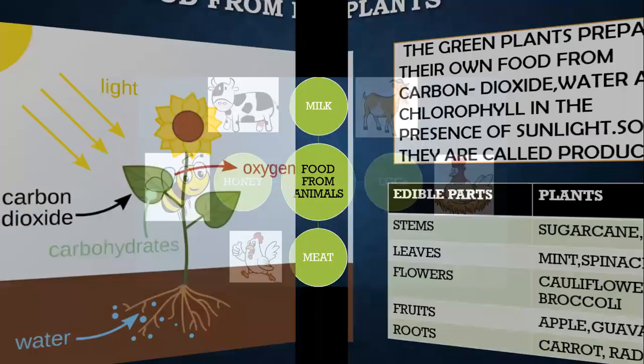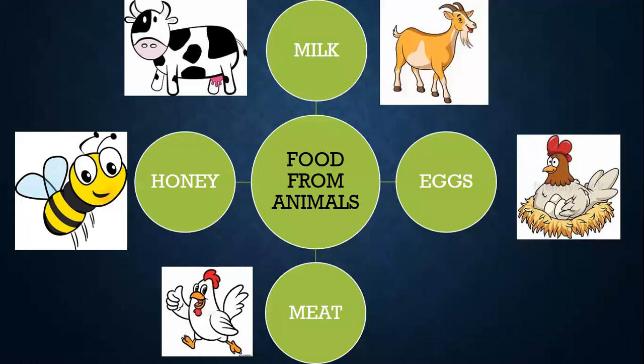Now come to animals. Animals also provide us food. Now, what is that? First is milk, then eggs, then meat, and honey. Now, let's talk about milk first.